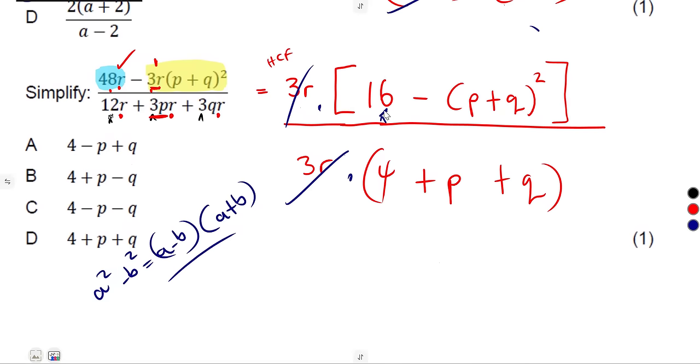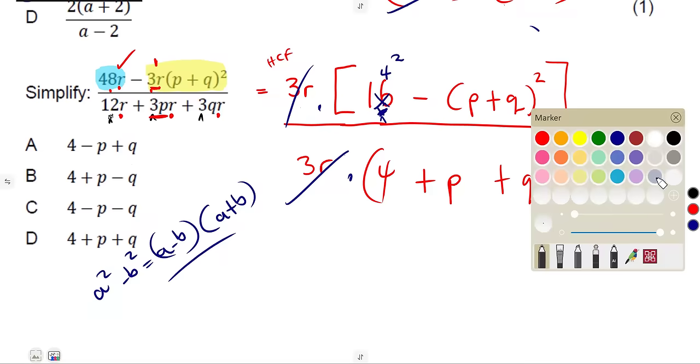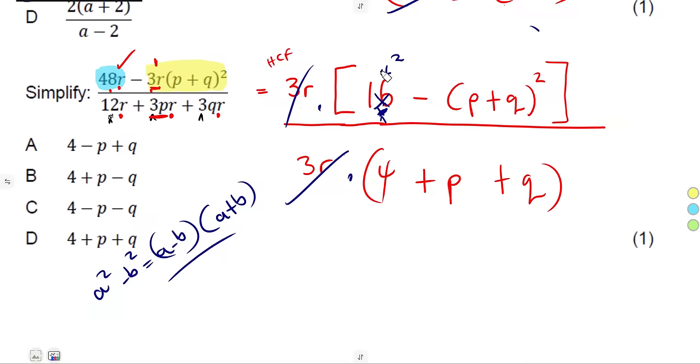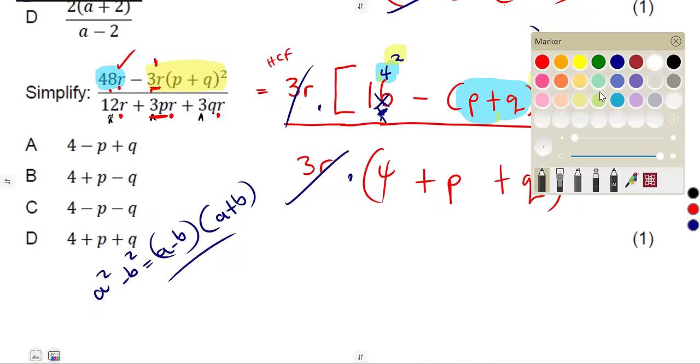So 16 here is the same as 4 squared. So we have our A and our B, the P plus Q, the whole of it, this one, raised to the exponent of 2. So we have A and B. That is the most important thing.